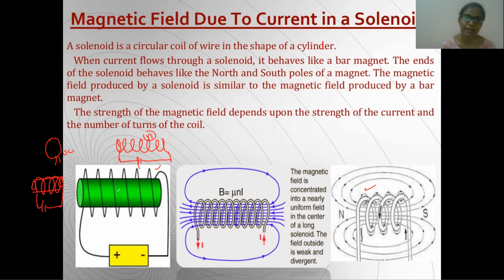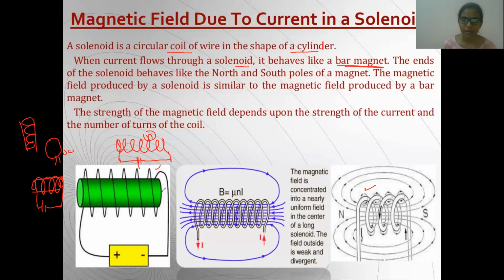So this will act like a magnet. A solenoid is a circular coil or wire in the shape of a cylinder. When a current flows through the solenoid, it behaves like a bar magnet.